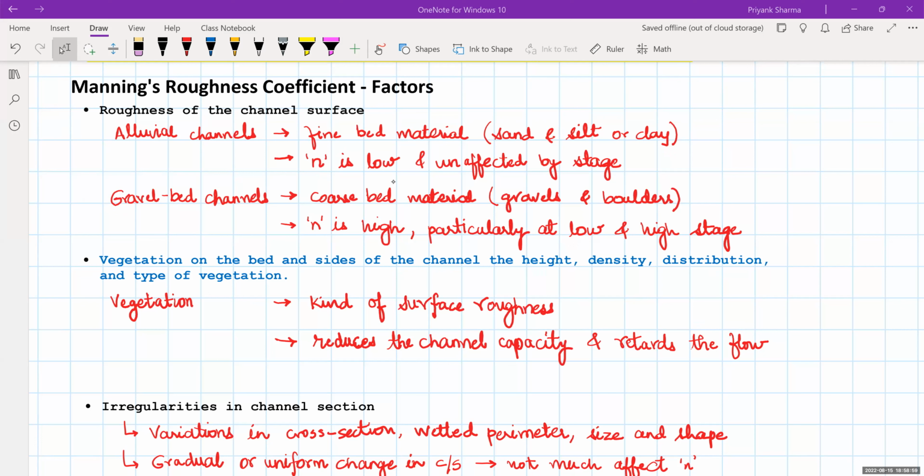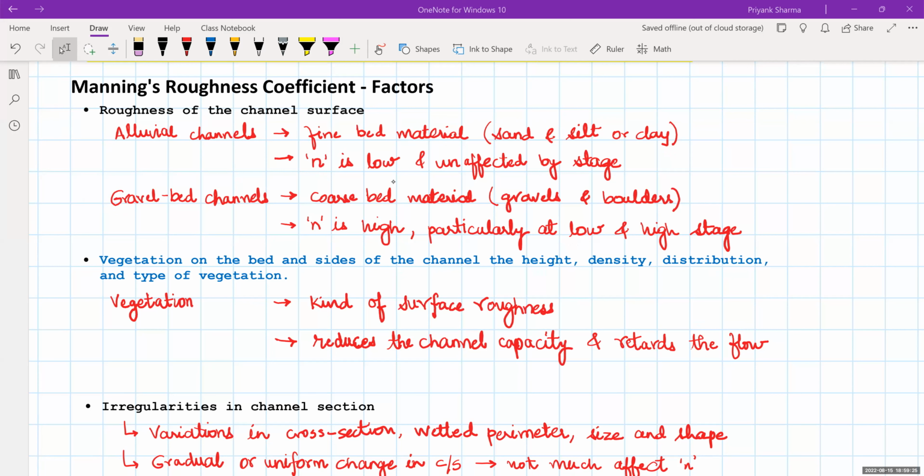Opposite to that, gravel bed rivers, which usually have coarse bed material of gravels and boulders, have a very high n value, especially at low and high stages. At low stages there is too much resistance offered by the bed material, and at high stages the banks also offer more resistance. That is why the n value is very high in that case.